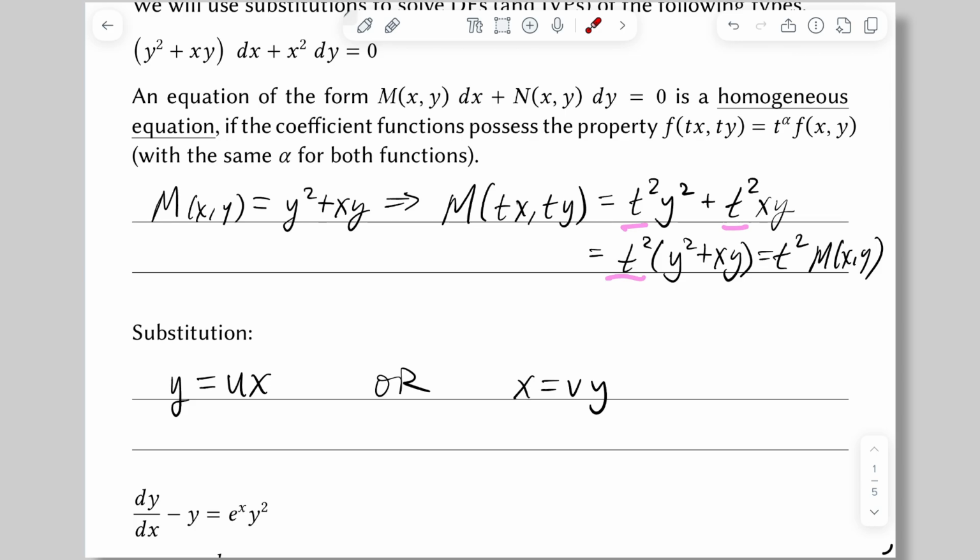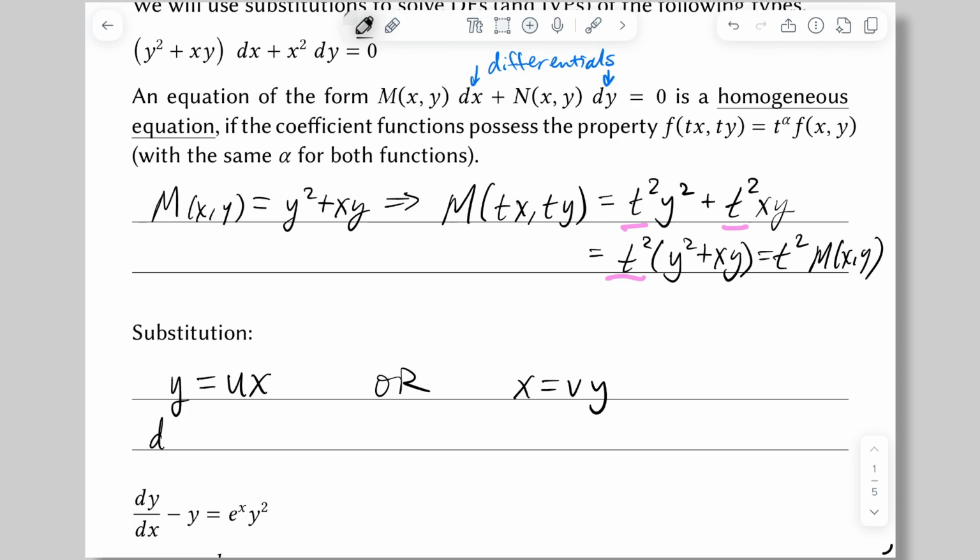In our differential equation, we have m dx plus n dy, and what we have are differentials. I'm pointing out that they're differentials as opposed to a derivative, say dy dx. The reason I want to point that out is because when we process this substitution, if we decide y is equal to u times x, we need to substitute all instances of y, including dy, which is a differential.